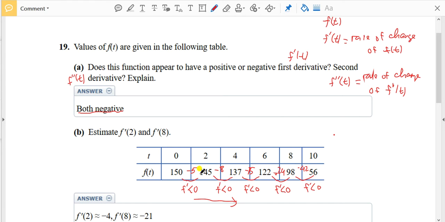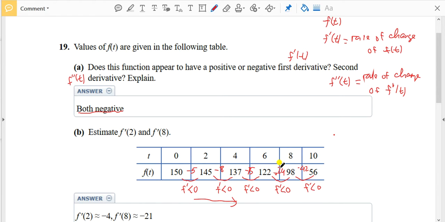That means the rate of change of your f prime is more negative. That's why the second derivative is negative. The second derivative is the rate of change of your first derivative, and the first derivative here is minus 5, then it gets larger on the negative side, minus 8, and larger again on the negative side.